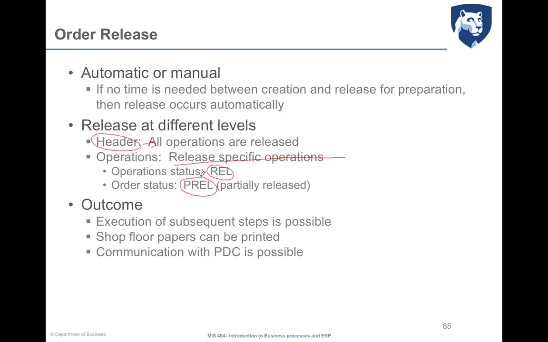Of course, when a production order is released for production, all the practical and operational production steps can then be executed. In particular, there are a lot of documents that can be created or printed or used in order to support the following step. For example, there is the possibility to visualize or to print out shop floor paper.